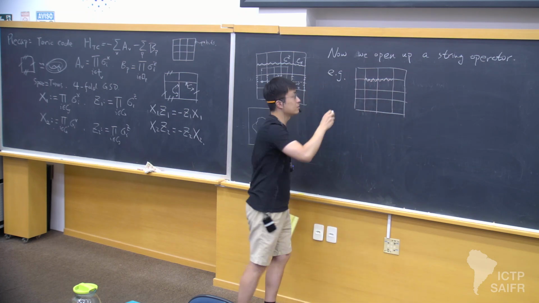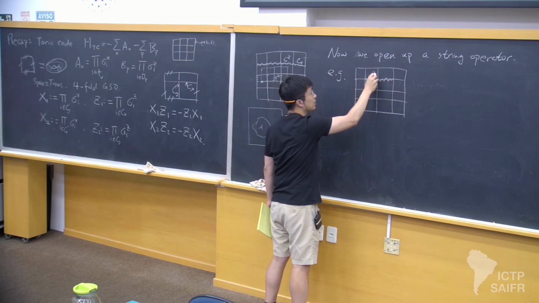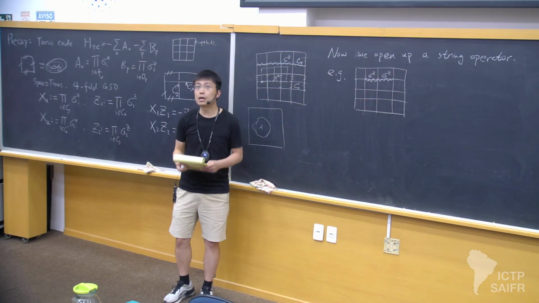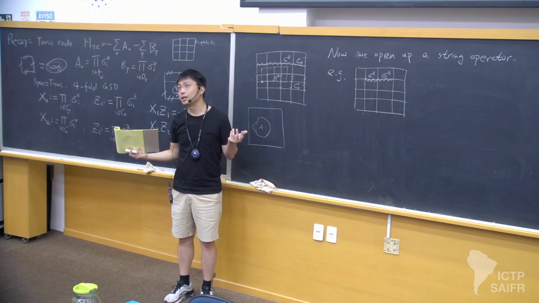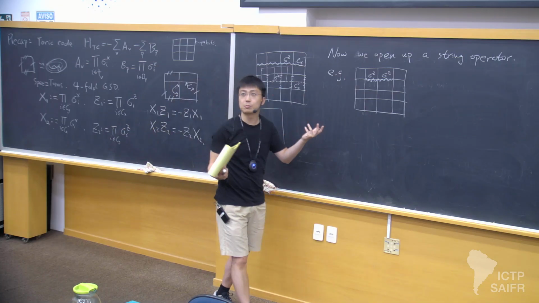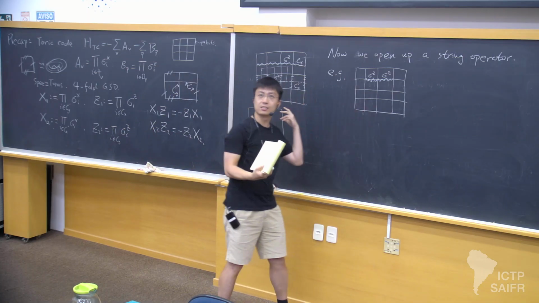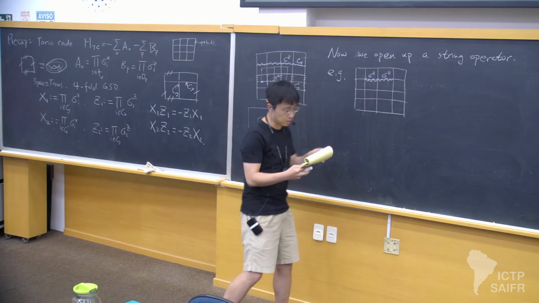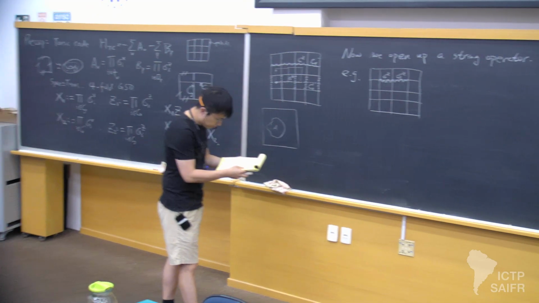With two endpoints, with sigma z, sigma z. Now this violates the rule I explained from last time. So you don't expect this operator to behave as nicely as the other operators. It's not a closed loop. It has two endpoints now.